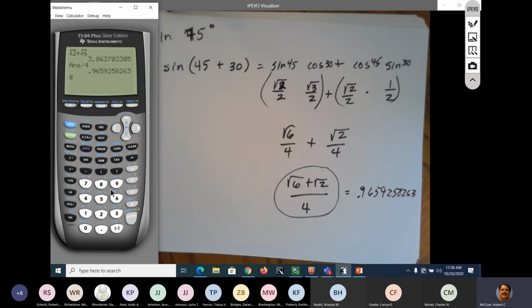Or I can just take my handy dandy calculator and I can do the sine of 75 degrees. And I don't know why I got that. Oh, I didn't put degrees. Sine of 75 degrees, close parentheses.